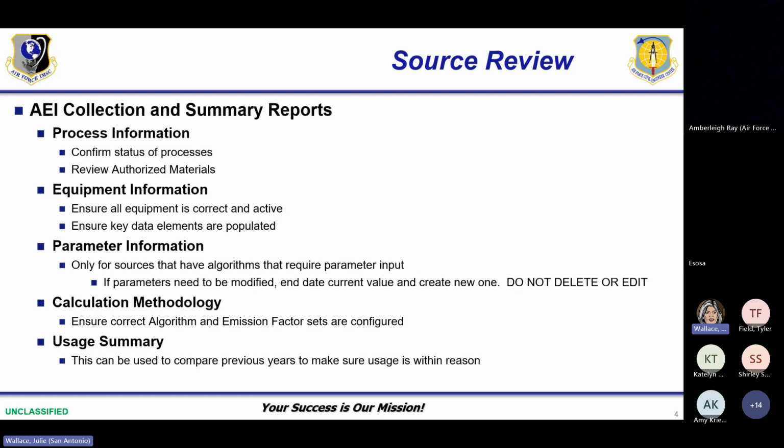Unless there was an emission change, you should be fairly consistently within a certain range or threshold for your usage, okay? That you're going to kind of have to feel out, but it should not be orders of magnitude different. And if it is, then you need to start asking additional questions, right? Because that's going to cause an increase in your emissions, and you need to be able to understand that to explain it when you submit your AEI or when you talk to a regulator.